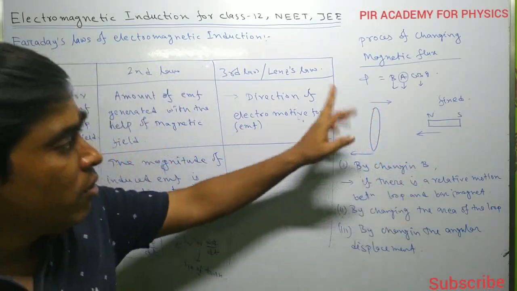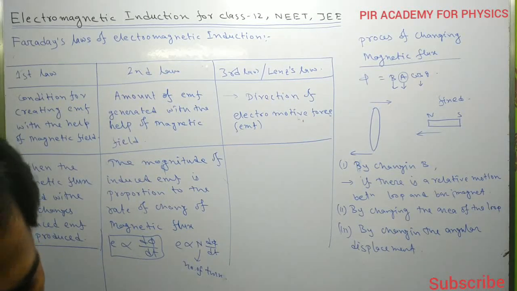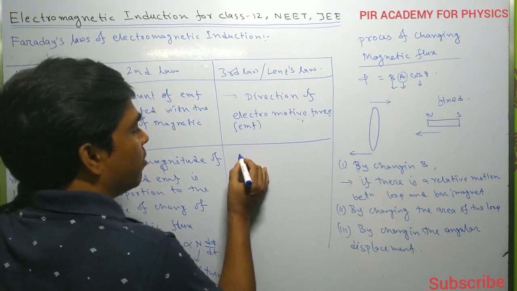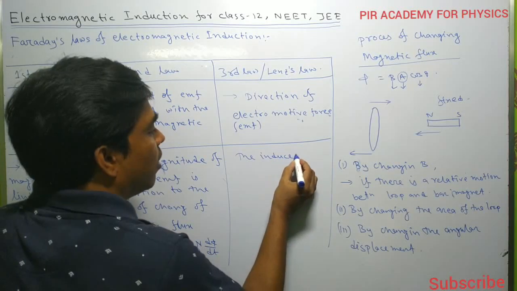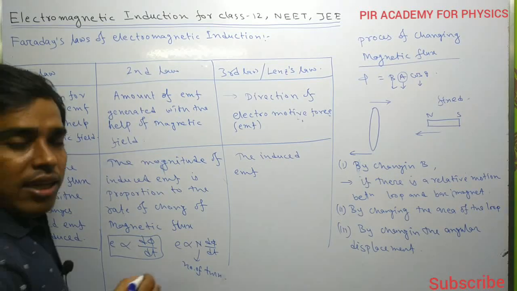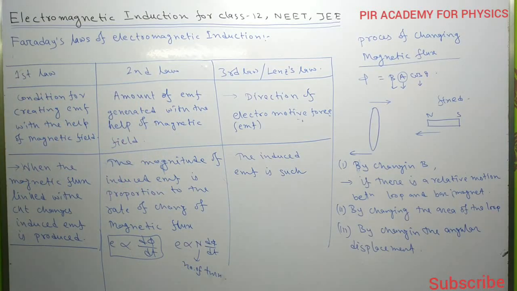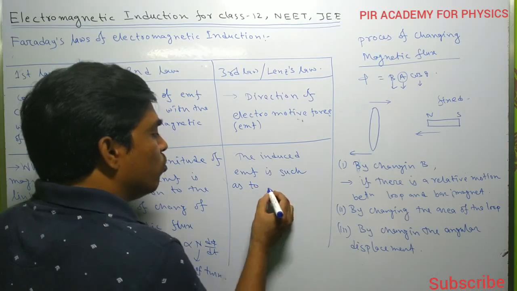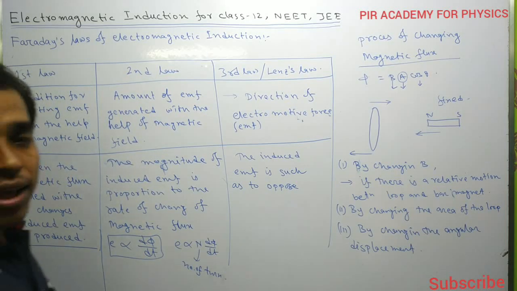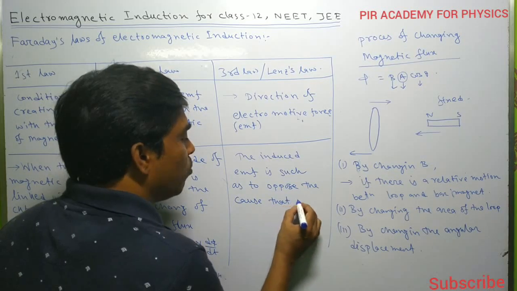To find out the direction of induced EMF, you have to know what Lenz's law is. Lenz's law states that the induced EMF is such as to oppose the cause that produces it.